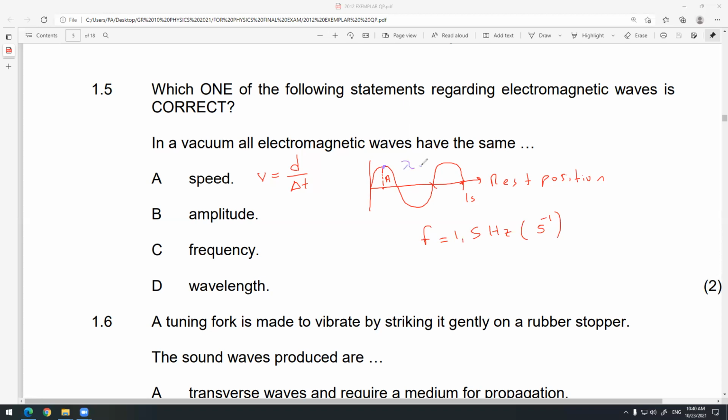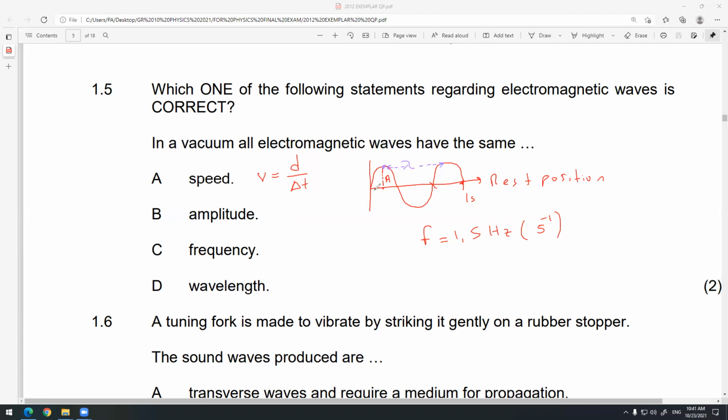This is our wavelength. This is the symbol of wavelength, people. So now we know what speed, amplitude, frequency, wavelength are. For electromagnetic waves, people, which one is the same? Amplitude is not the same, of course, it depends on the electromagnetic waves.